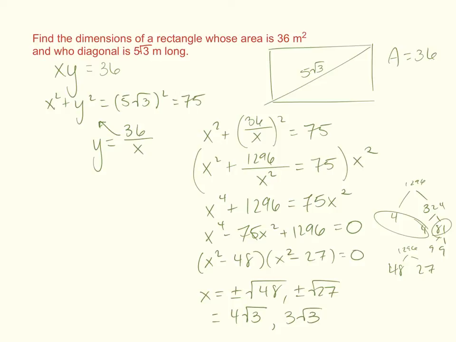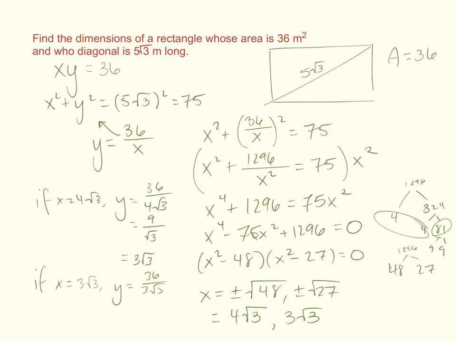And so then if we plug those back in, if x is 4 root 3, y is 36 over 4 root 3, which is 9 over root 3, which is 3 root 3. And if x equals 3 root 3, y is 36 over 3 root 3, which is 12 over root 3, which is 4 root 3. So my dimensions are going to be 4 root 3 meters by 3 root 3 meters.